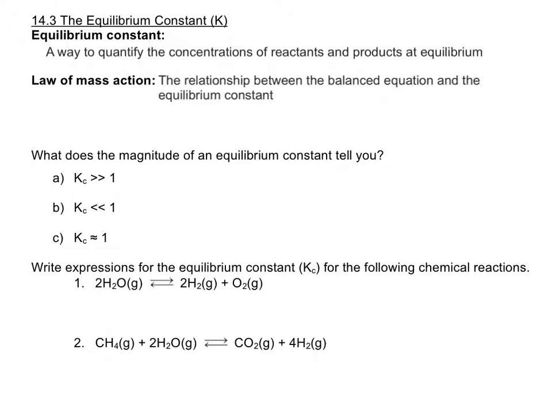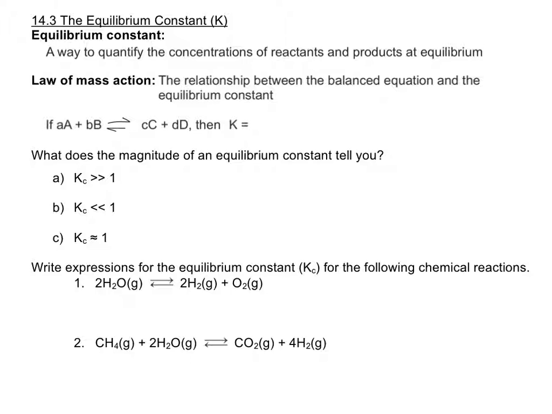If we have a reaction aA plus bB goes to cC plus dD, where little a is the coefficient, and this is a reversible reaction, then we can write our equilibrium constant, which is K. Now this is a capital K, different from the rate constant little k.